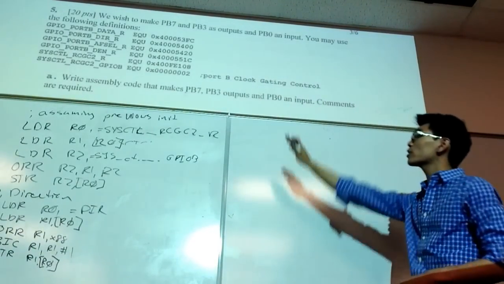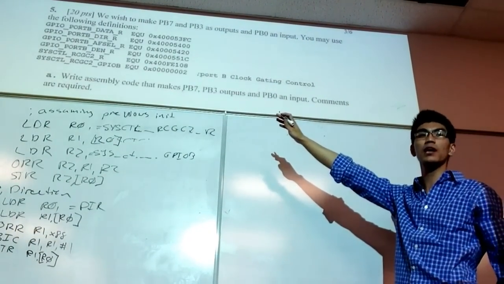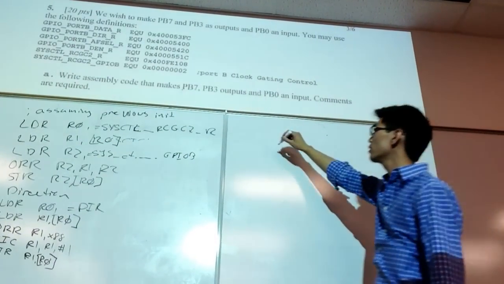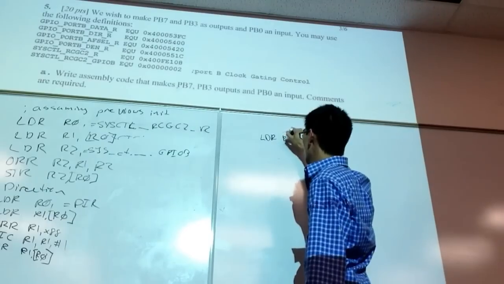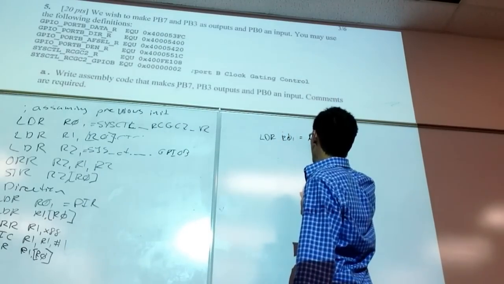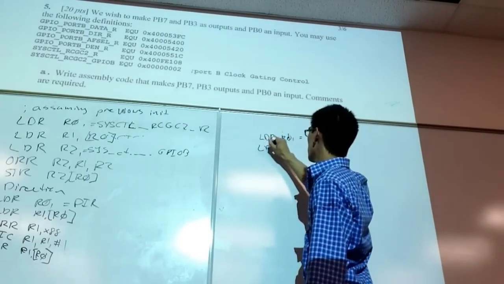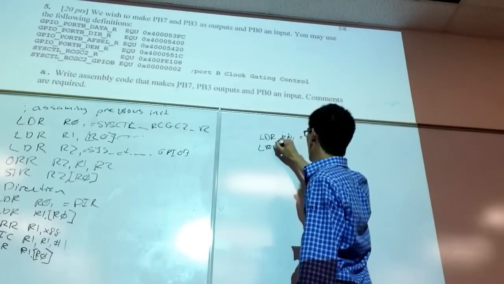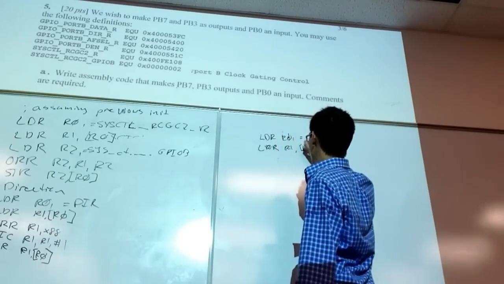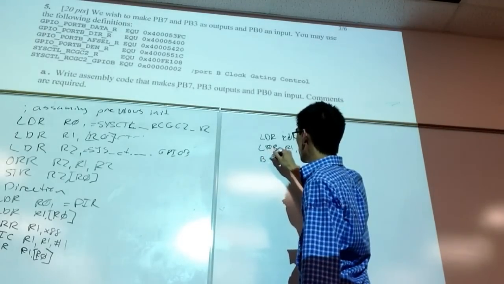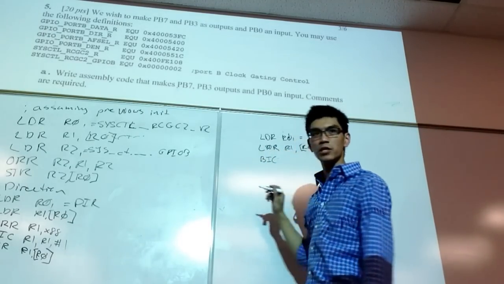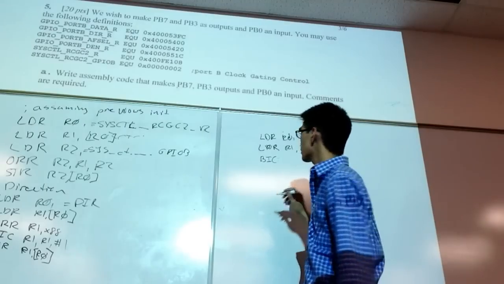To be safe, the safest way to do this is to do my LDR R0, AFSL, then LDR R1, R0, and then, 0 disables alternate function.